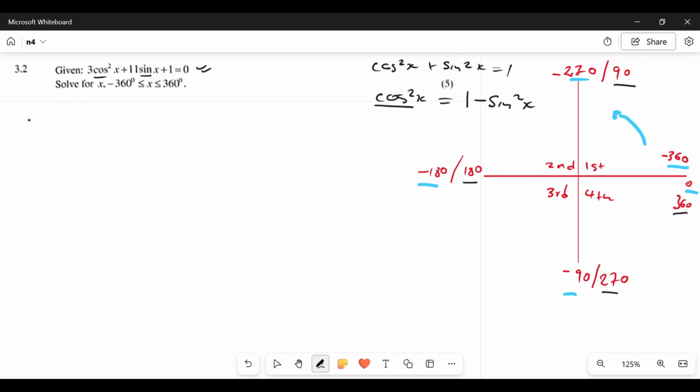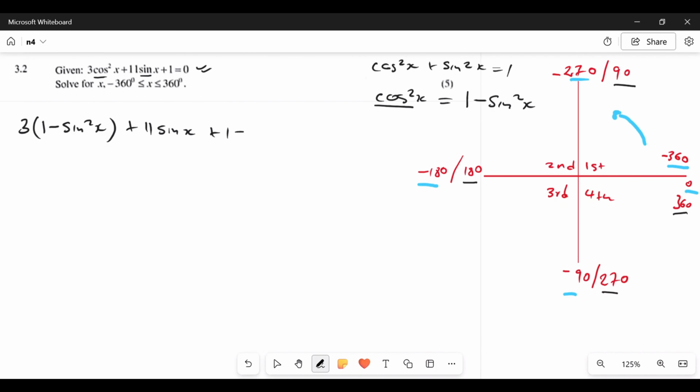So open bracket, wherever there is cos squared x, we're going to insert 1 minus sine squared x based on this one here. I hope you guys can see and understand this. Right, so let's continue. Plus 11 sine x plus 1, all this equaling 0.